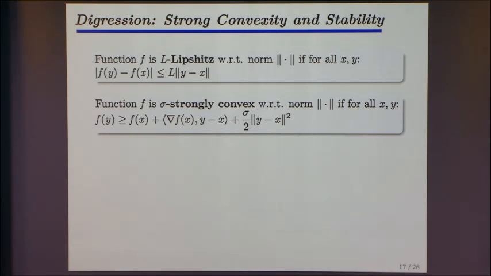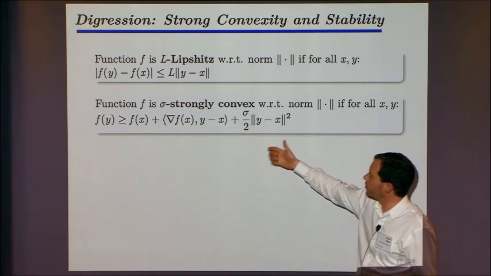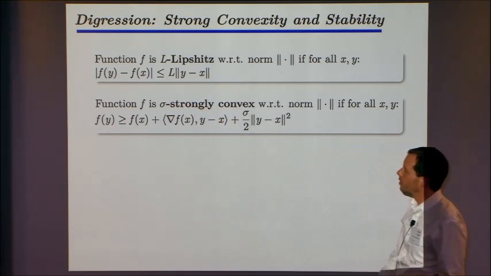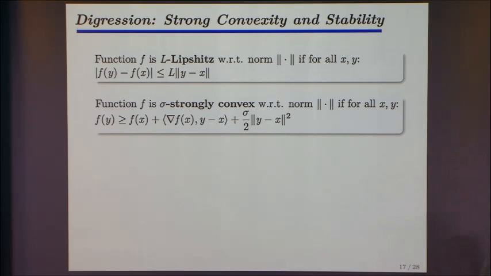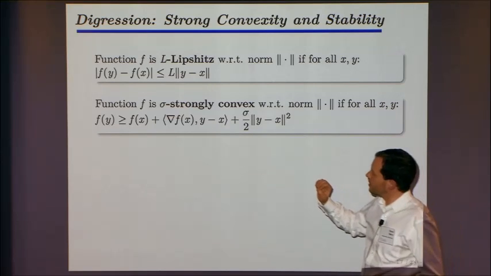So let's just talk about strong convexity. A function is Lipschitz with respect to some norm if the difference in the function is bounded by L times the norm of the difference between the arguments. That's a very natural definition. Strong convexity is maybe slightly less standard.